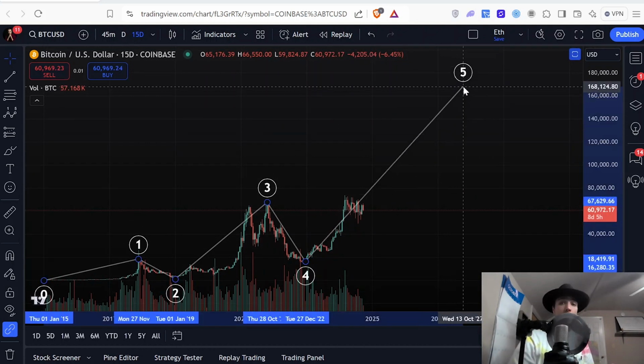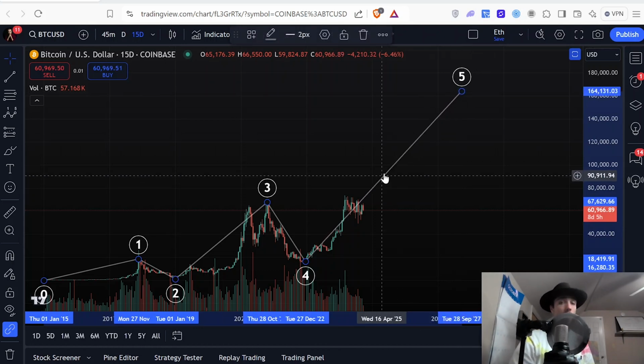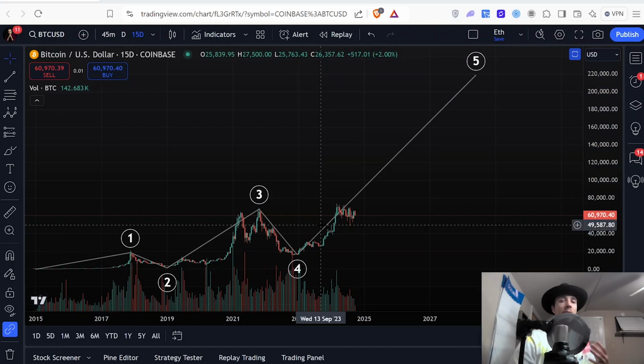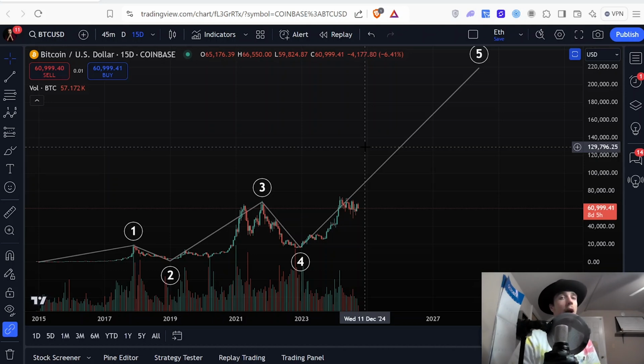We're talking about shooting right up past 100K to potentially even 250K per Bitcoin as a result of an extended 5th wave. That would be super exciting here on Bitcoin because of this bigger time frame, and I am watching for this to happen.